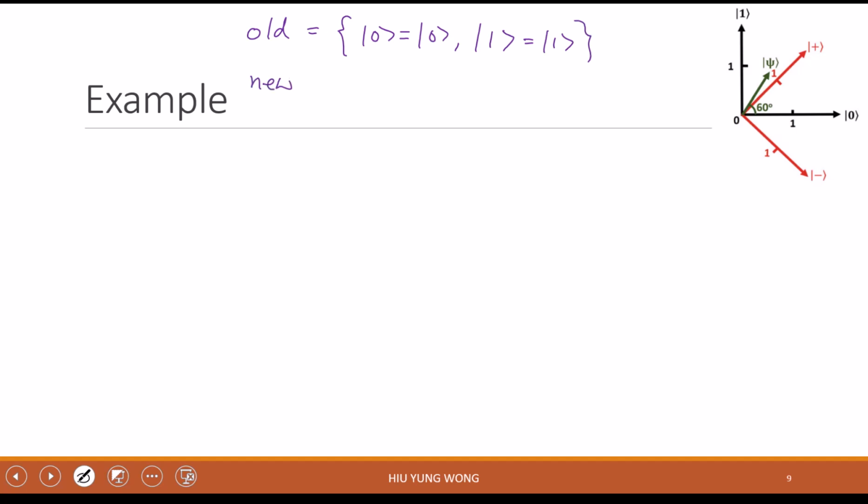Now I want to represent in the new basis, so it is 0 dash, which is actually the plus, and this is 1 dash, which is equal to minus, right? It is just a name, so I can call it anything. But what I'm trying to say is just that old basis is 0 and 1, new basis is 0 dash and 1 dash. In this figure, the old is just 0 and 1, the new is plus and minus.